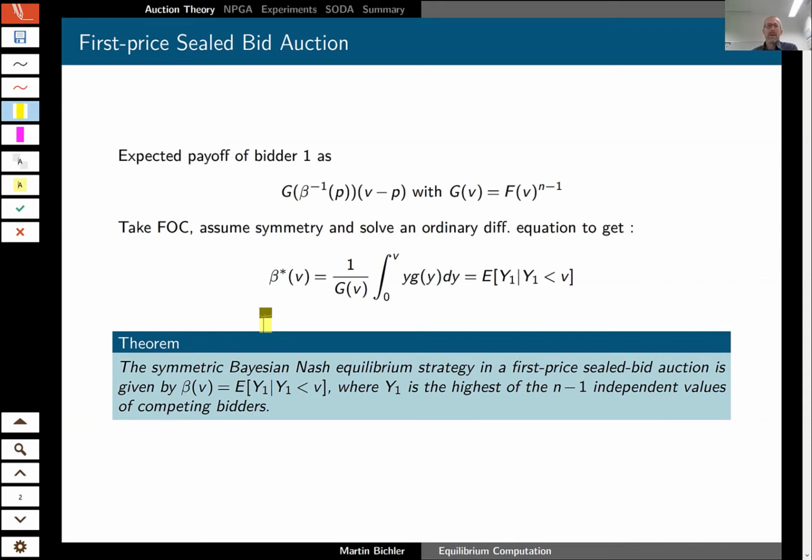To cut it short, he started with the expected utility, where beta is always the bid function and p is the bid price in this first price sealed bid auction. We have a standard quasi-linear utility function. Then you take the first order condition, assume symmetry, and end up with an ordinary differential equation, and you get an analytical, closed form solution, which is very nice.